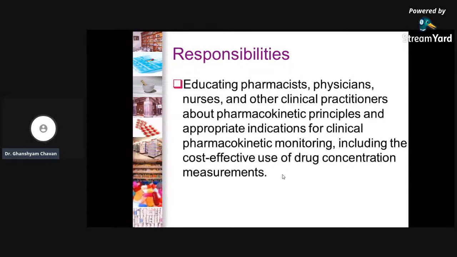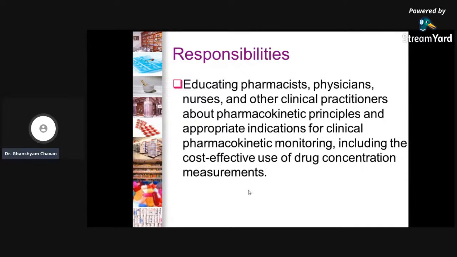The next responsibility is educating pharmacists, physicians, nurses, and other clinical practitioners about pharmacokinetic principles. So here the role of the clinical pharmacist is that he must always educate the physicians, nurses or other staff who are helping them, or also pathological staff.